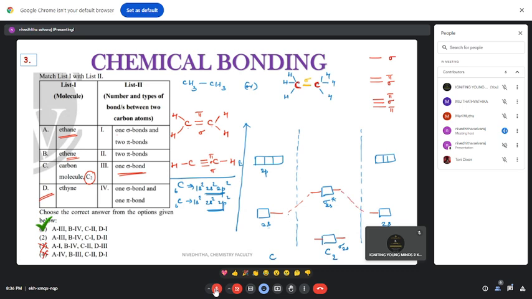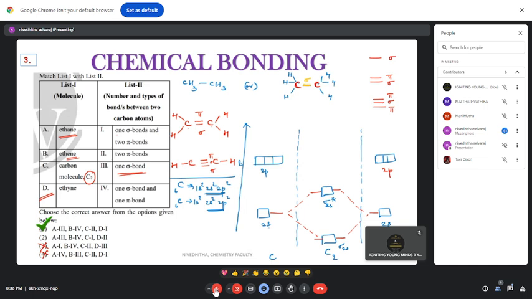Now, as far as 2p is concerned, how many orbitals are going to combine? In one carbon, we have three 2p orbitals, and in the other carbon, we have another three 2p orbitals. How many atomic orbitals are going to combine here? 3 plus 3, 6.